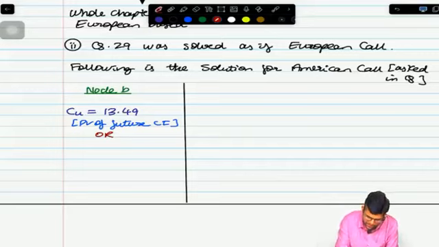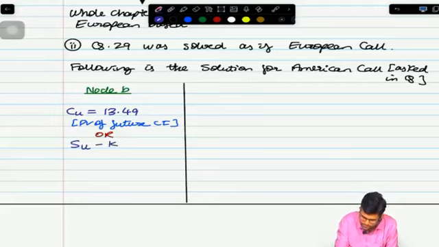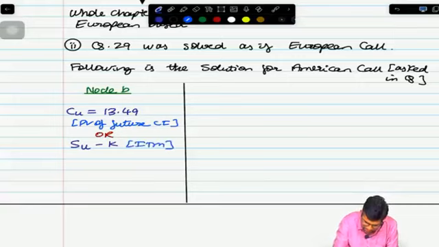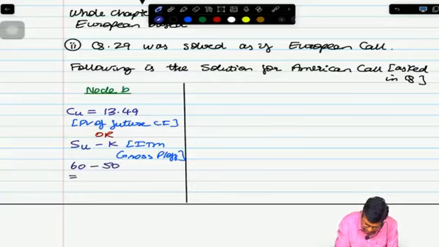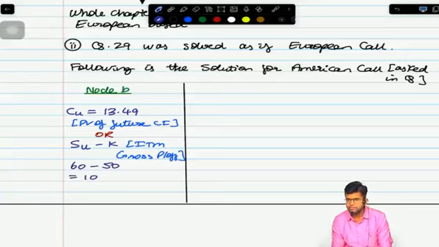So I am writing here, look at the screen. SU minus K, ITM, gross payoff. 60 minus 50 equals 10.